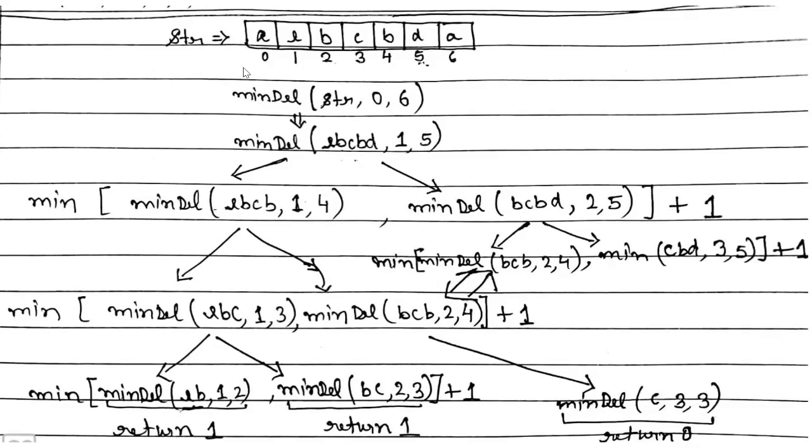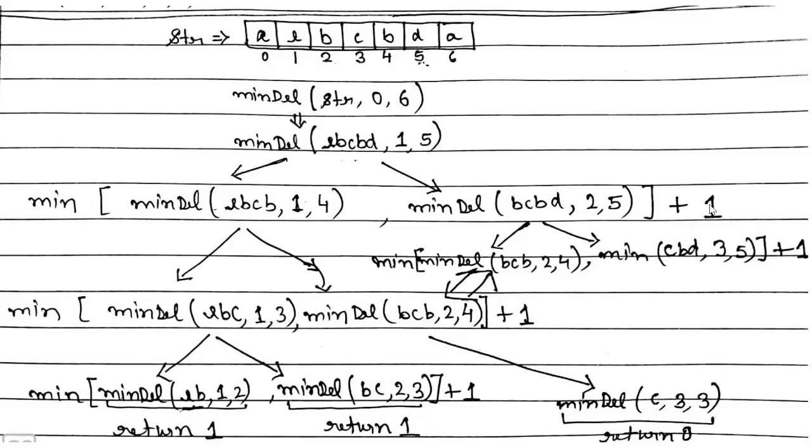In the same way, what we did over here is that I said if I delete D, then what would be the minimum number of deletions to make such that my leftover string becomes a palindrome? And if I delete E instead of D, then what are the minimum deletions to make such that this string becomes a palindrome? And I add 1 to it.